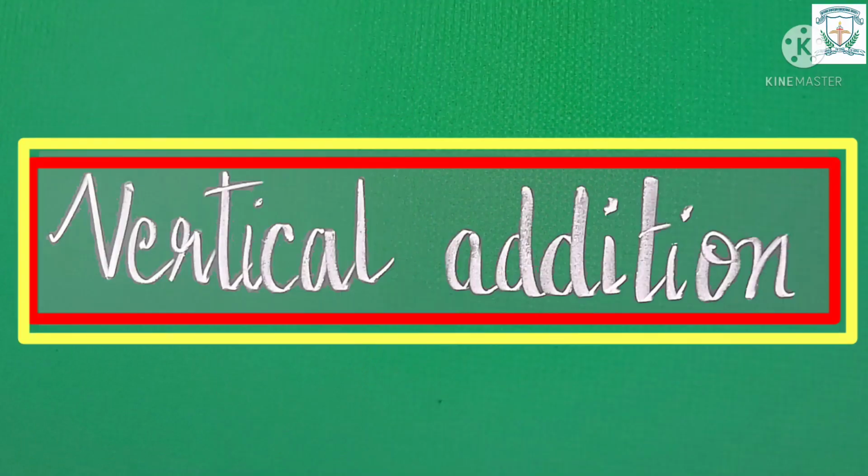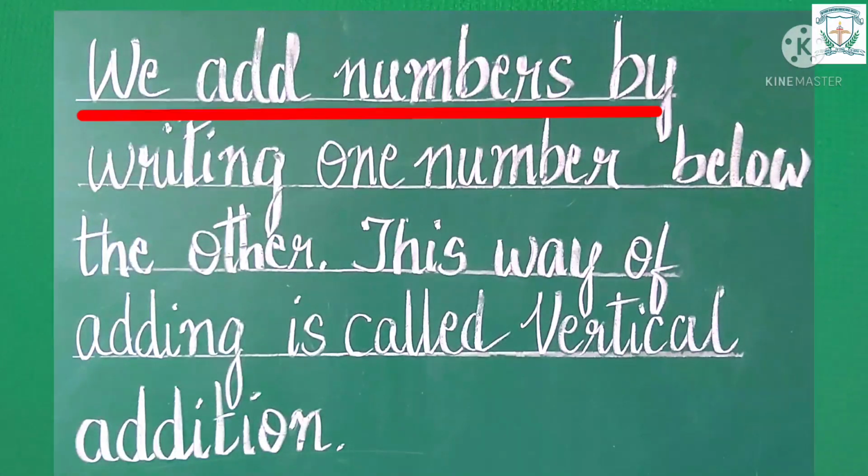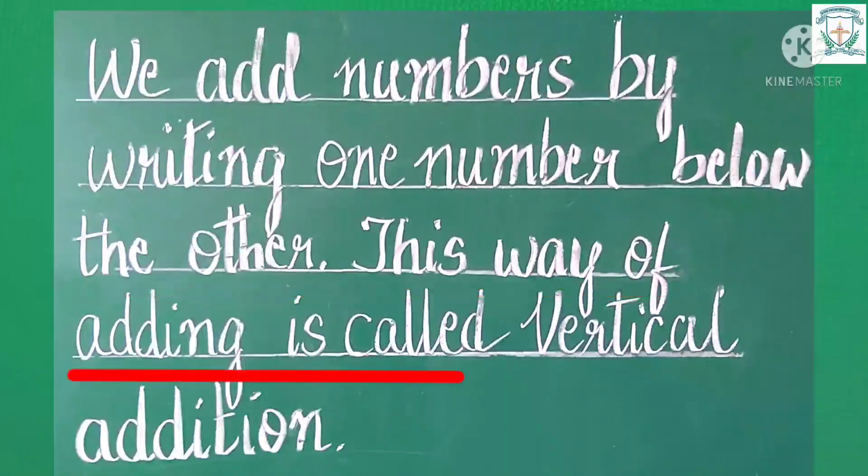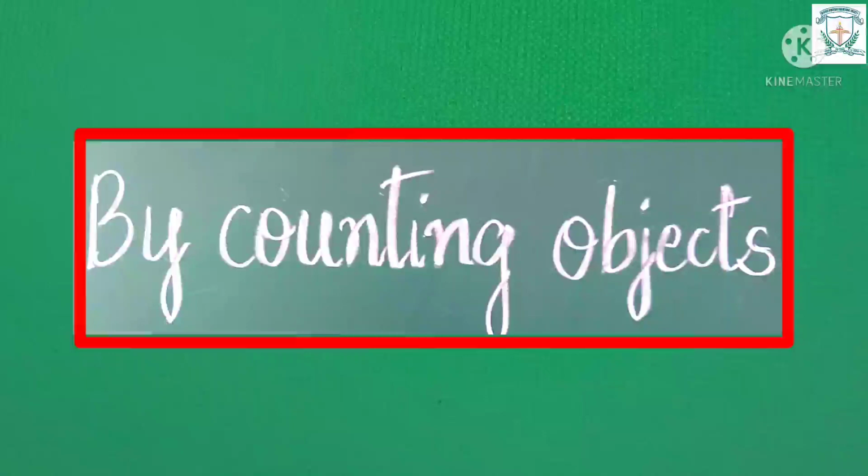Let us move on to the next concept, vertical addition. We add numbers by writing one number below the other. This way of adding is called vertical addition. Let us learn the concept of vertical addition by counting the number of objects.